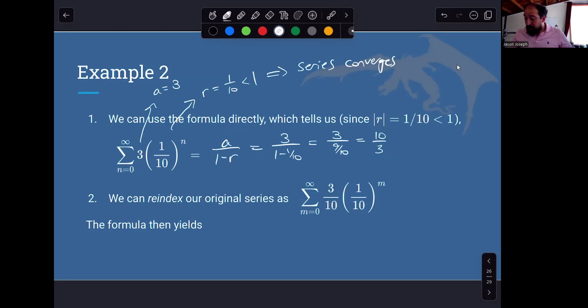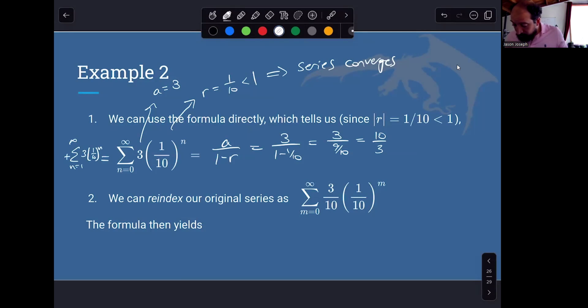Now, that is not the answer to the original question that was asked, right? Because the original question had that index start at 1. This starts at 0. So this is equal to the sum starting from 1, which is what we're actually trying to solve for, plus the n equals 0 term, the a0 term.